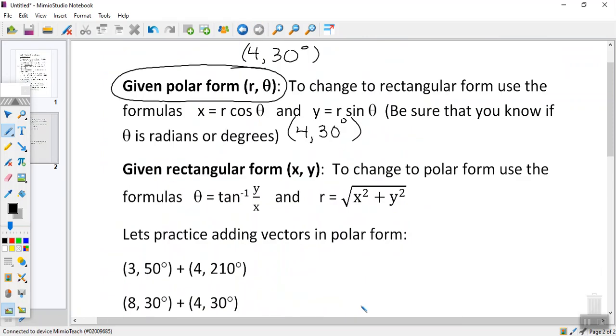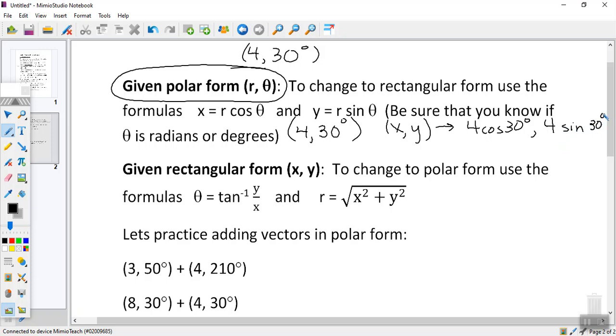The x value is found by taking r, which is 4, times the cosine of what? So x comma y is going to become the following. It's going to become 4 cosine 30. And then what's y going to become according to this? 4 sine 30, right?